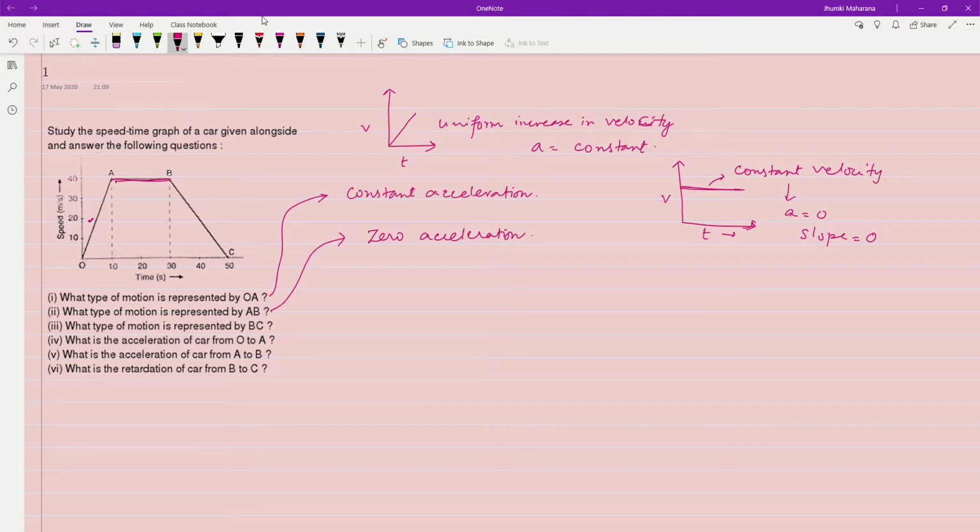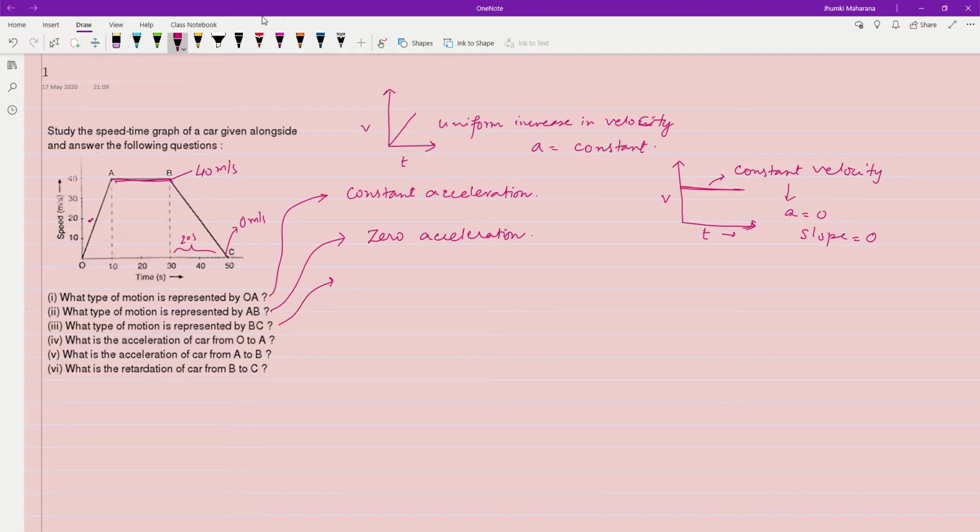Okay, now come to the part BC. Look at this BC. Here the body has got a velocity of 40 meter per second. At C it is 0 meter per second. And what is the time gap? You can see the time gap is 20 seconds. So in 20 seconds the velocity has decreased.